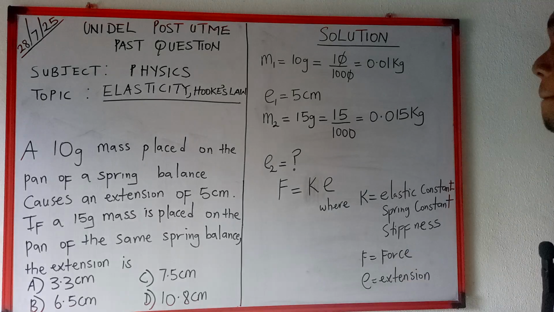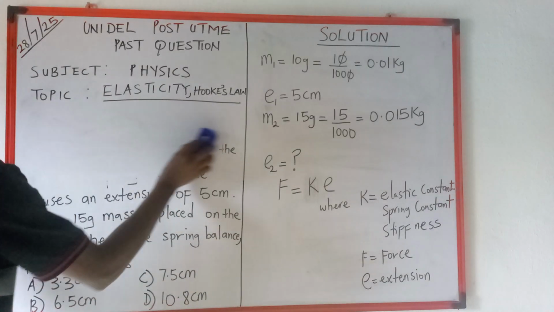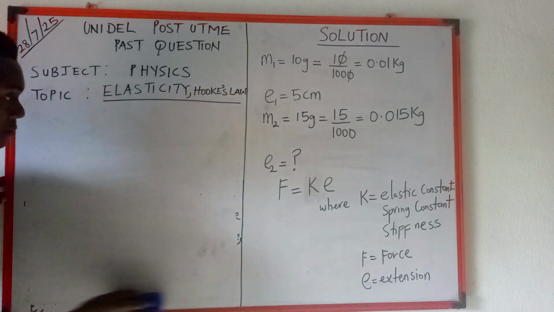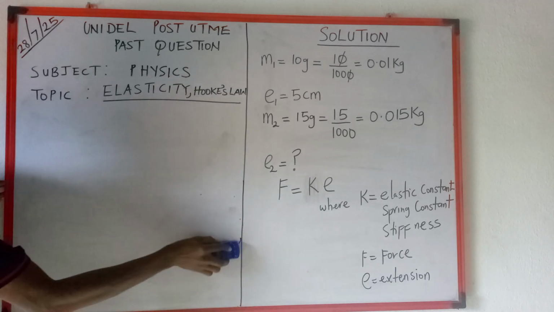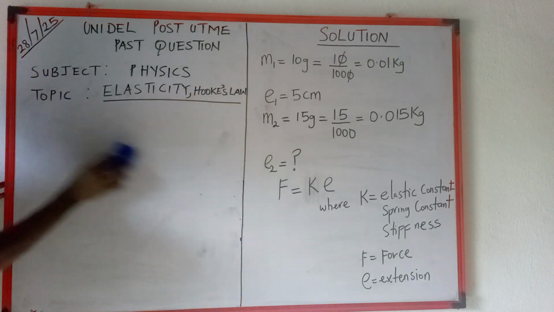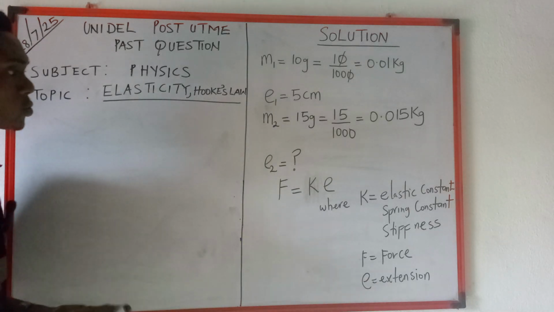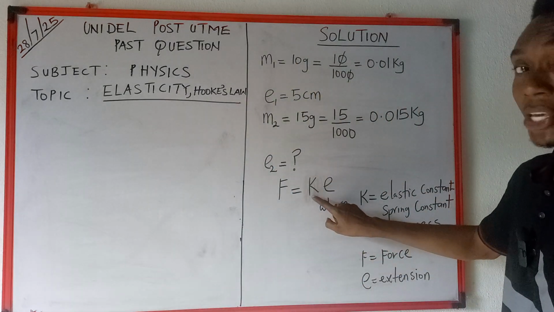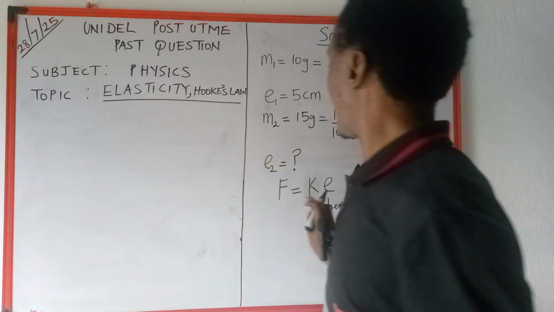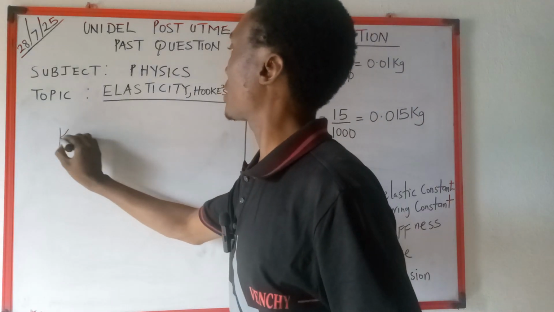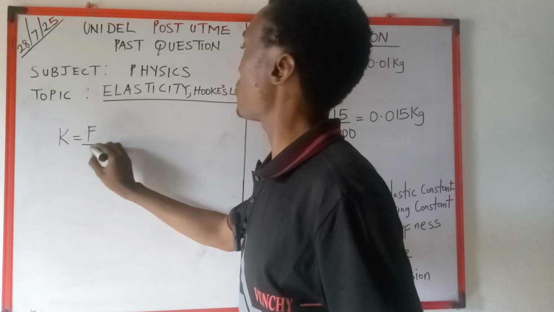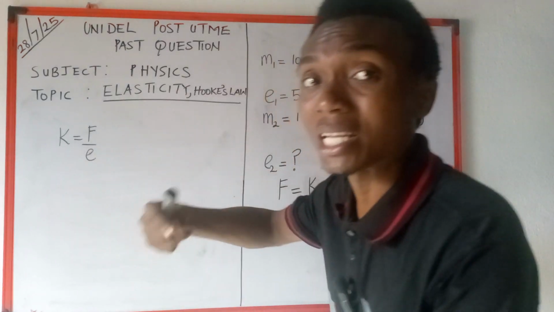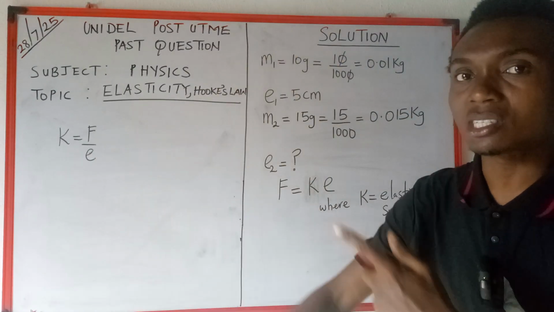Now, continuation. We have written this, and this is my K. I want to make K the subject of the formula, so K is going to be F over E. Since K is a constant, there are bound to be changes.